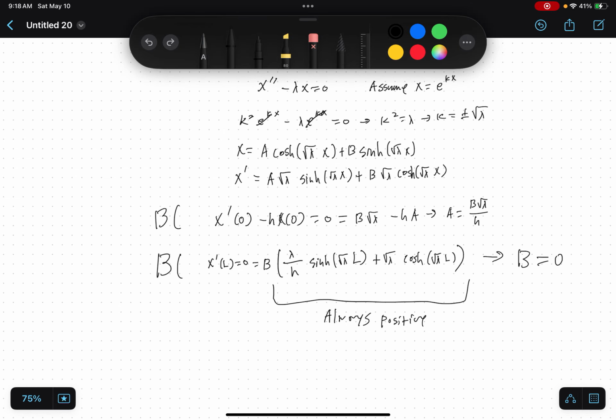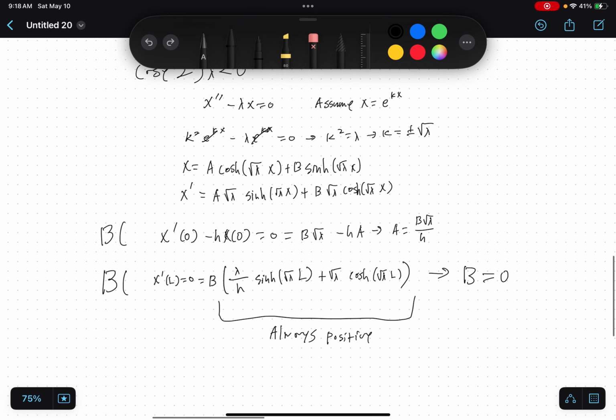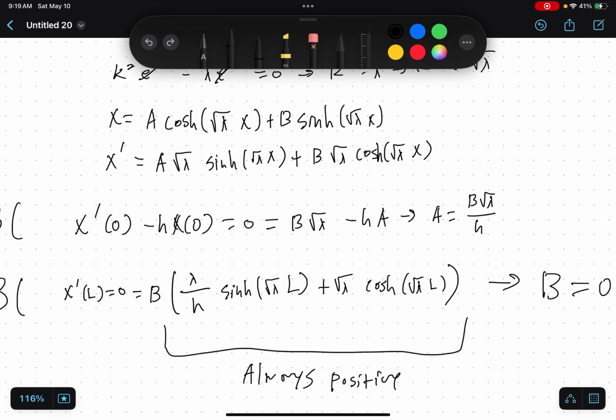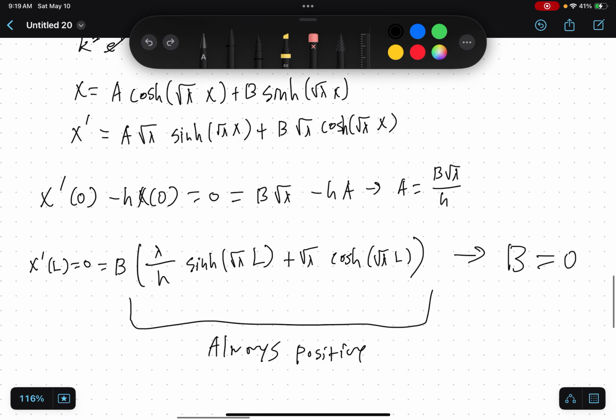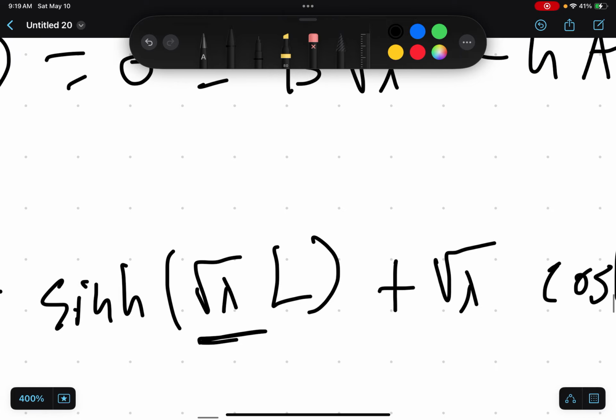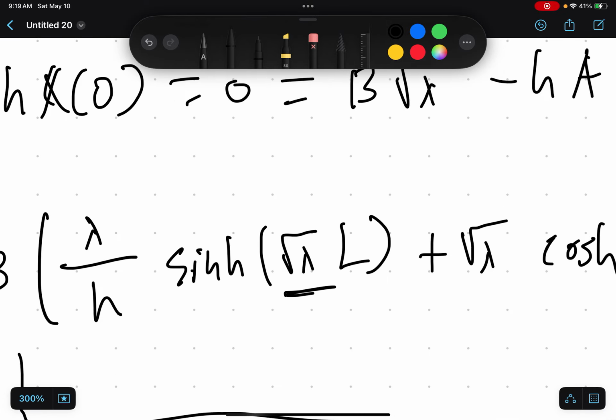Does that make sense? I'm not exactly sure how this will play out, but lambda is less than 0, which means we're going to have a negative number inside the square root, which means we're going to be taking the hyperbolic sine and cosine of I times something.